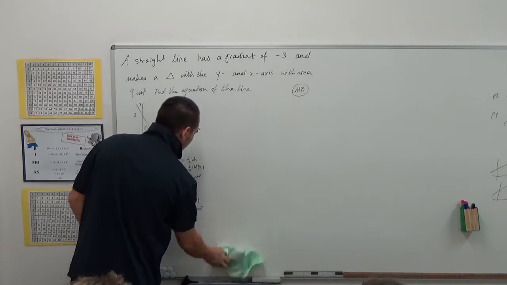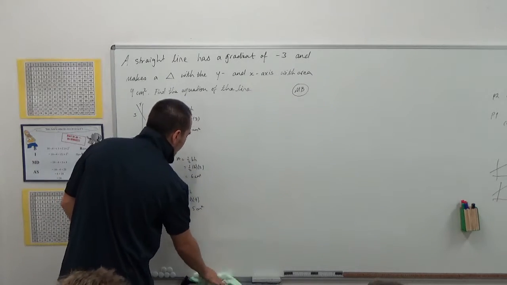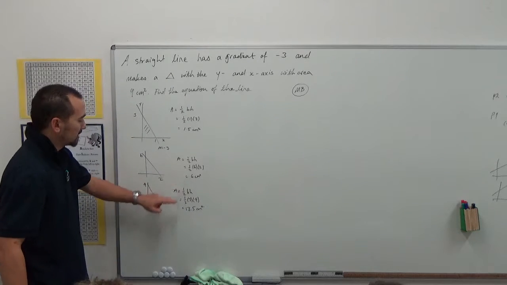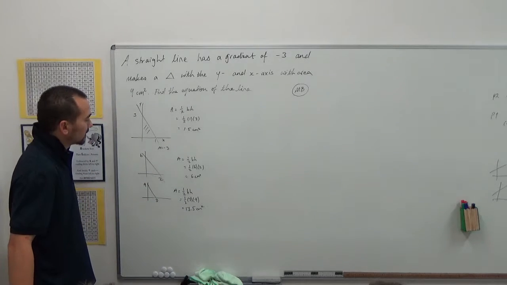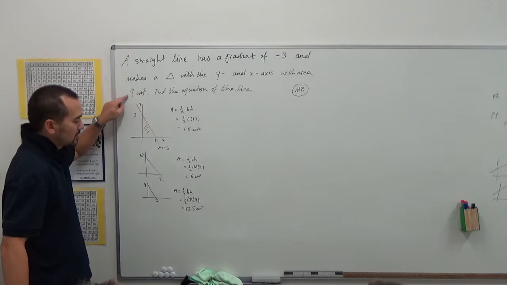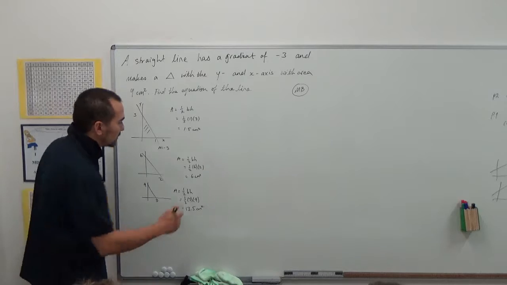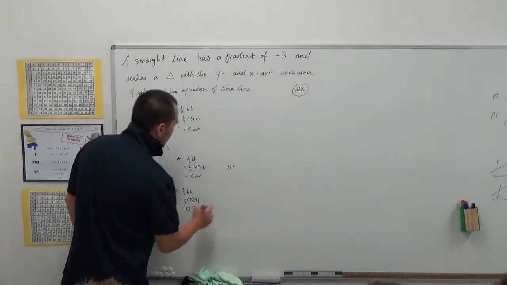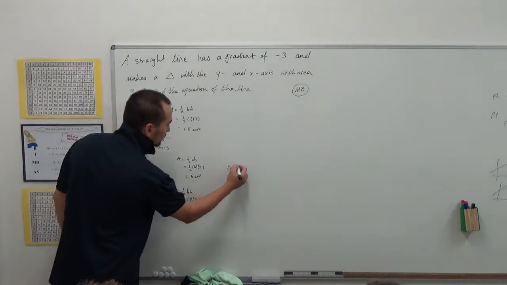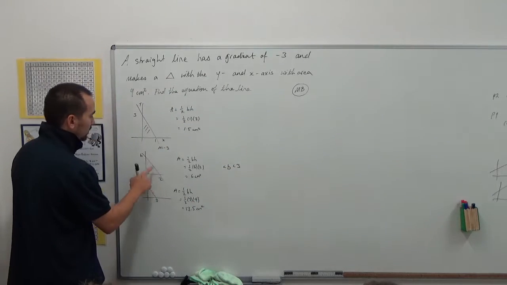Okay, and so my answer has now jumped from 6 to 13.5, so we've sort of skipped a beat here, haven't we? Because we're trying to get 9. So this is where trial and error has taken us. We have found that the base is less than 3, but greater than 2.